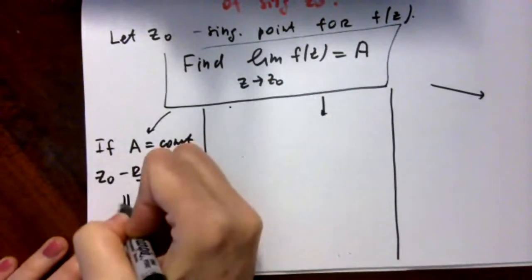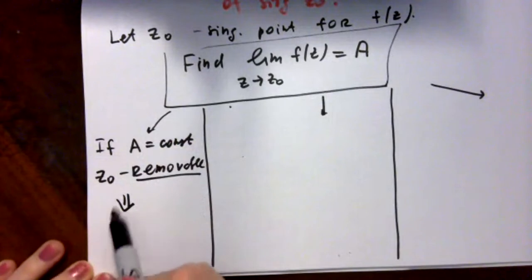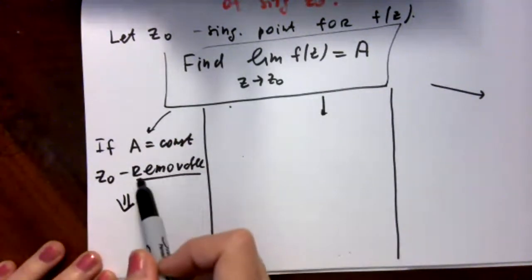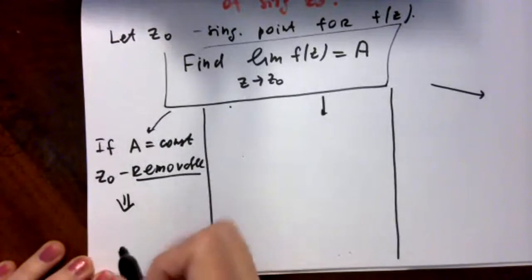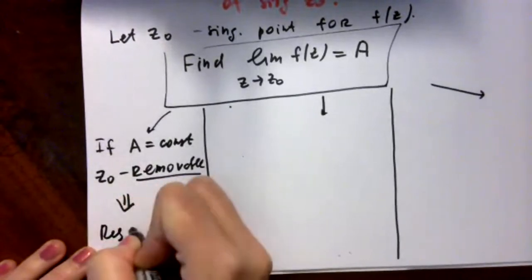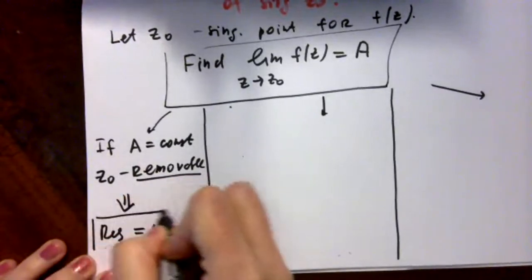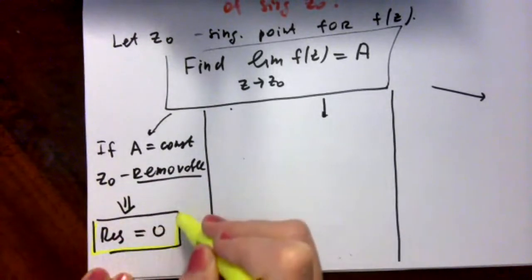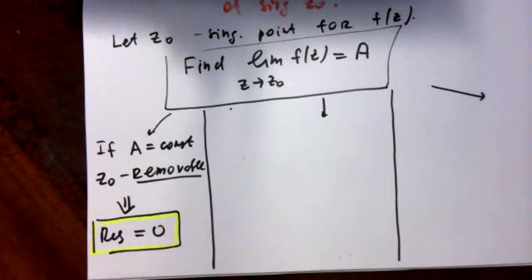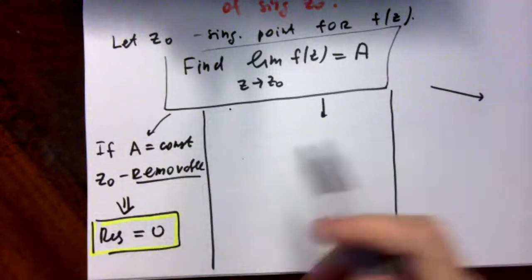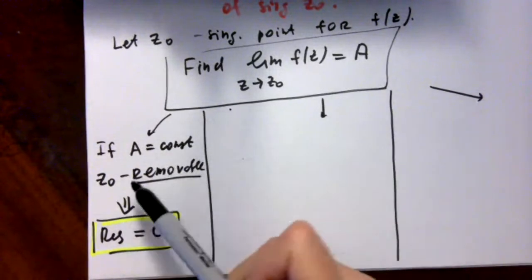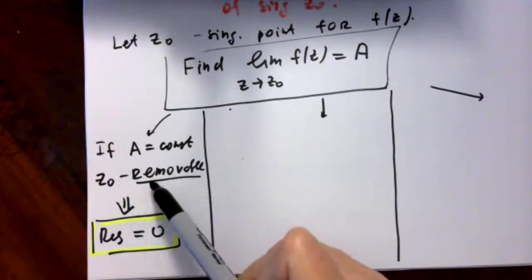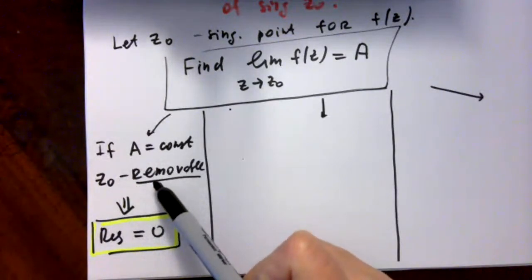But you know what? An even more beautiful result should be written here in the first column. It turns out that when your singularity is of a removable type, in this case, the residue is always 0 at this point. So this is a really beautiful result, very inspiring. And you know the reason, because if you compare this with the expansion into a Laurent series, you should remember that a removable singularity meant that there's no principal part at all.